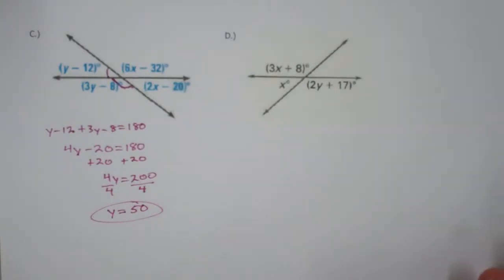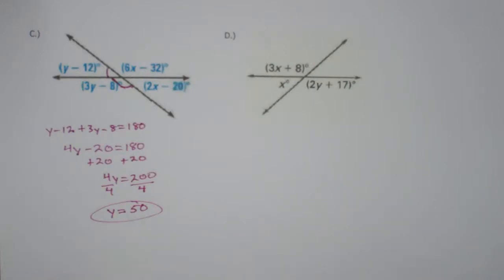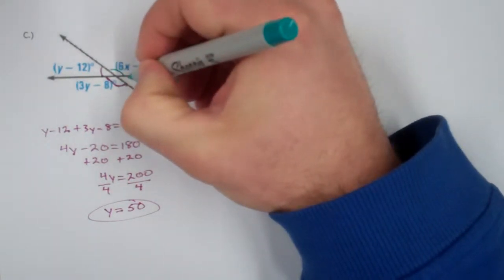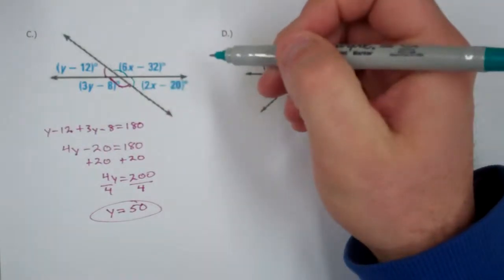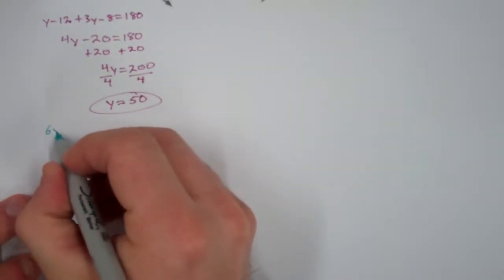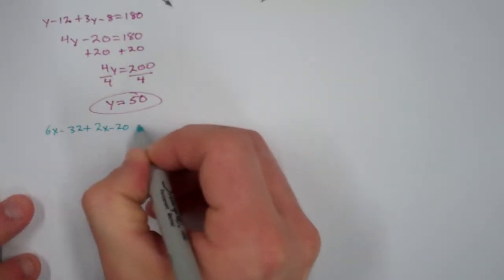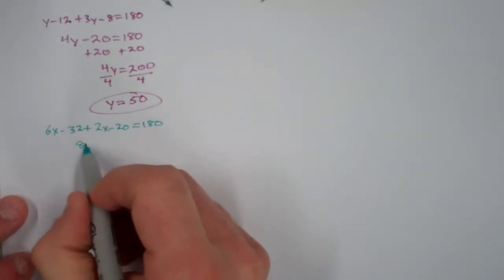I'll do the next one below, and if you look at the diagram, we can see also, try this maybe in a different color, we can see also that 6x minus 32 and this angle right here, those are a linear pair as well. And so what we can do is we can take 6x minus 32, add 2x minus 20, and the sum should be equal to 180. 6x and 2x is 8x.